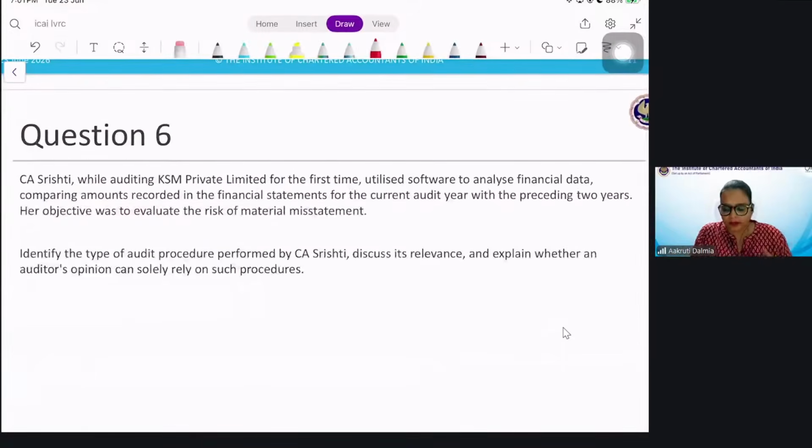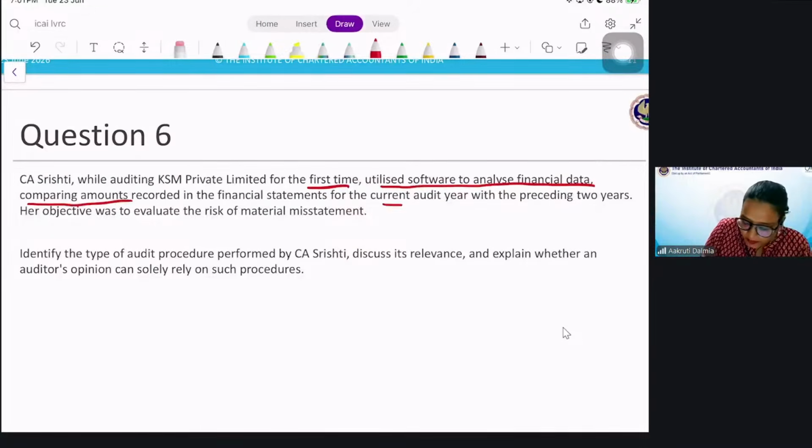Question number 6. CS Trishti, while auditing KSM Limited for the first time, utilized software to analyze financial data, comparing amounts with the current audit year and preceding 2 years. Her objective was to evaluate risk of material misstatement.